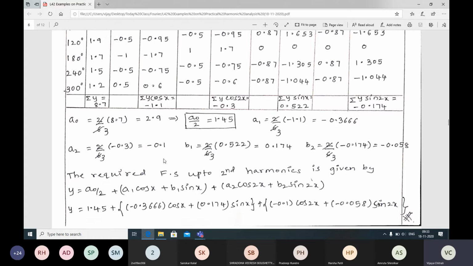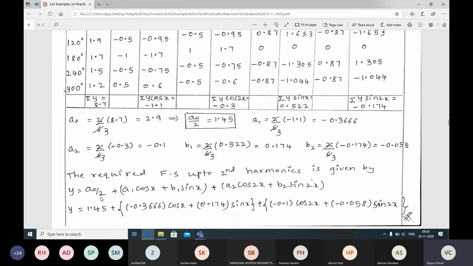So we have a naught by 2 and the a1, a2, b1, b2 values. So substitute these values in the Fourier series. So we get y is equal to a naught by 2 plus a1 cos x plus b1 sin x plus a2 cos 2x plus b2 sin 2x plus so on, because we need up to only the second harmonic.